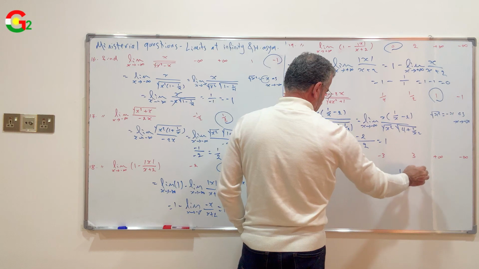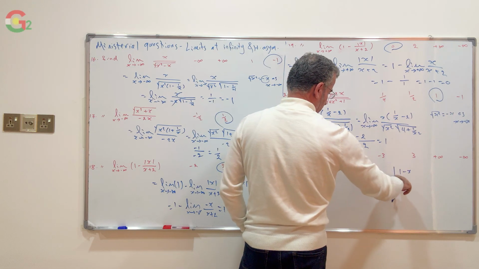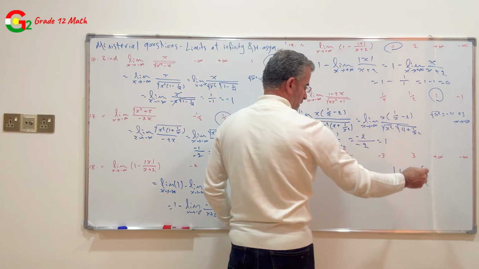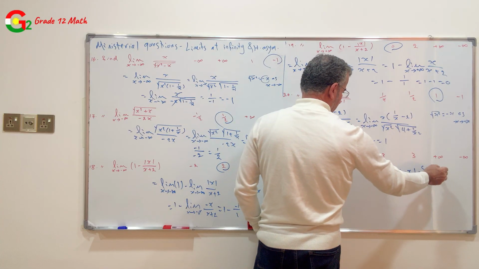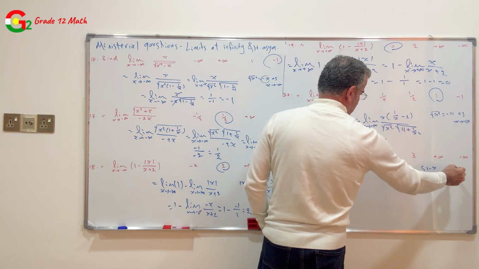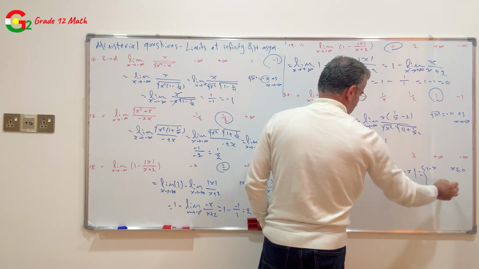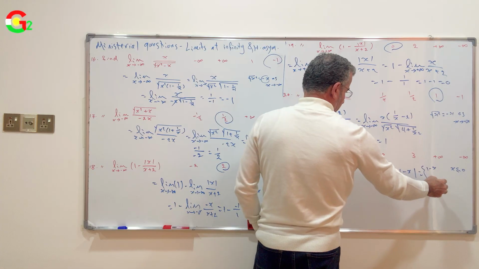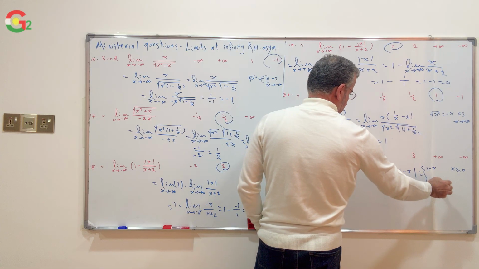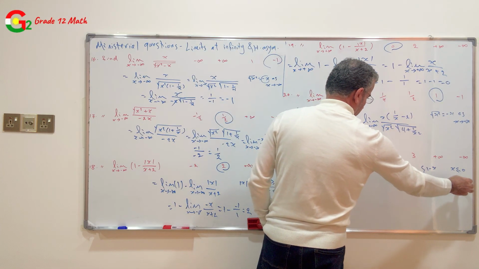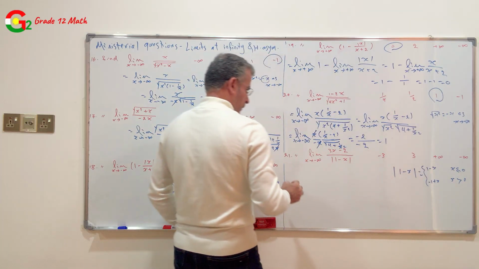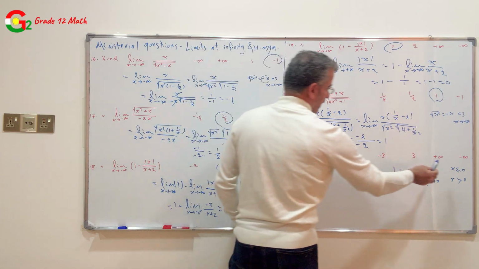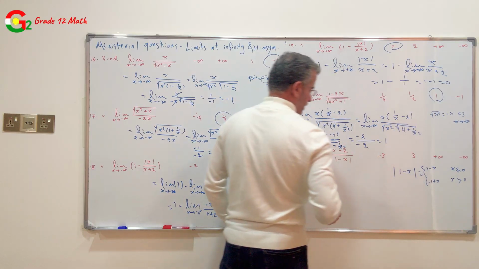The absolute value of 1 minus x equals the piecewise function: 1 minus x when x is less than or equal to 0, and negative 1 plus x when x is greater than 0. Since x approaches negative infinity, x is less than 0.